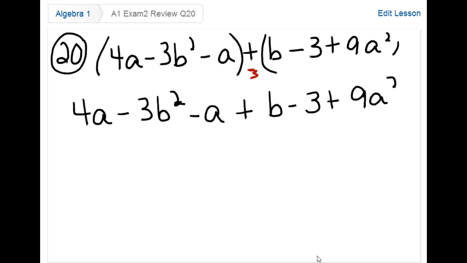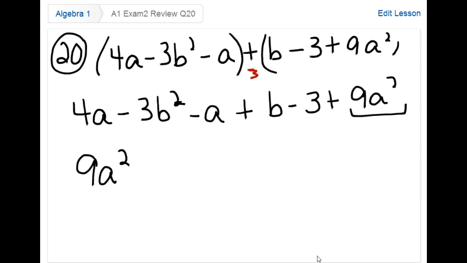Okay, now we're going to collect like terms. I'm going to start with the a's, and I'll start with the highest power of a. Here we have 9a squared. There are no other a squares, so we don't have anything to combine that with.